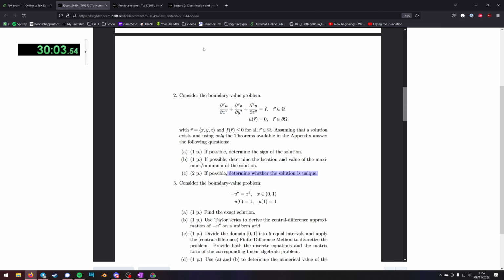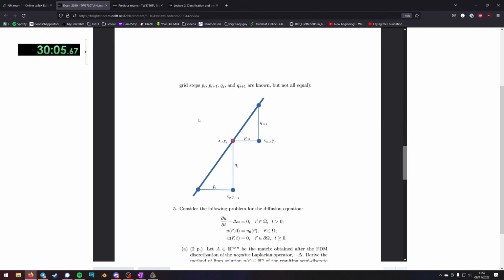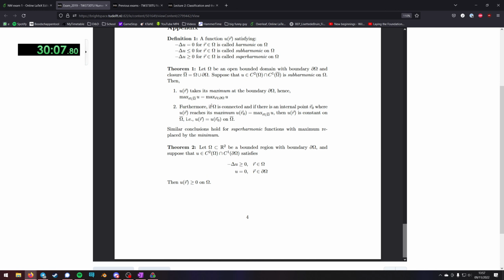If possible, determine whether the solution is unique. Oh, I always love the uniqueness proof. I just really find them pretty.